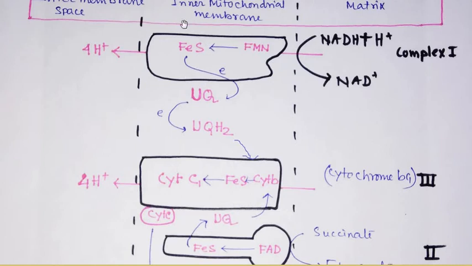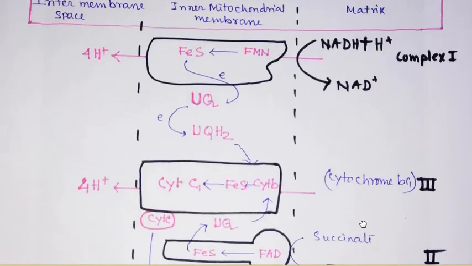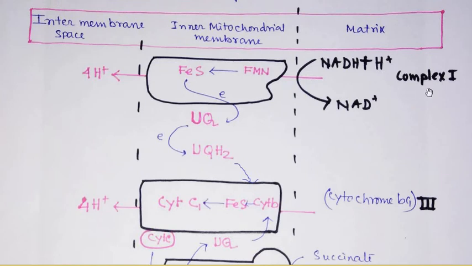The inner mitochondrial membrane possesses complex 1, complex 2, 3, and complex 4. Let's begin with complex 1, which is also called NADH reductase. Here NADH is oxidized into NAD.